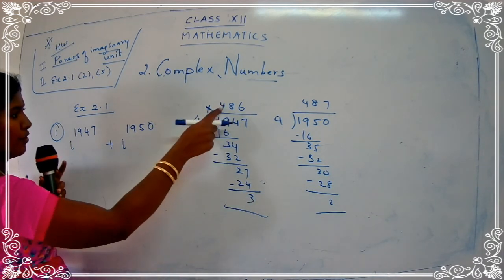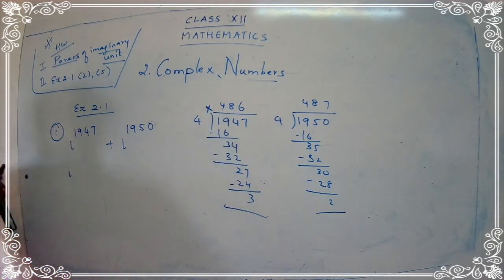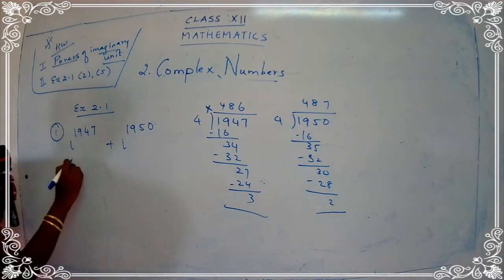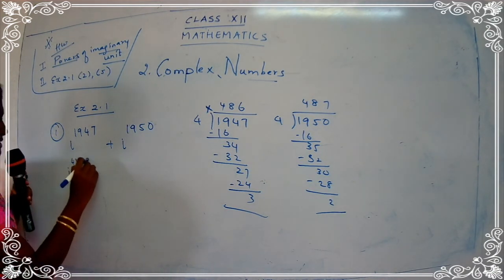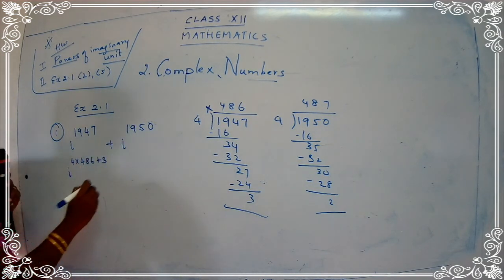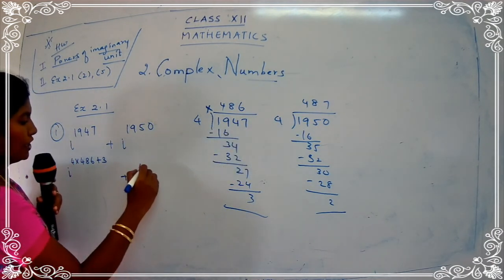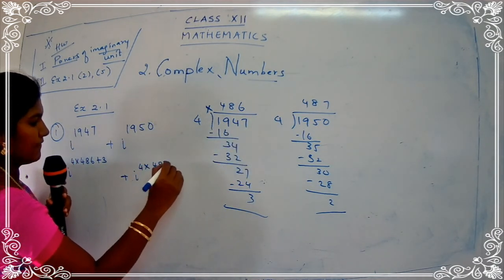So 4 into 486 plus 3. So 1947 will be written as 4 into 486 plus 3, plus I raised to 4 into 487 plus 2.